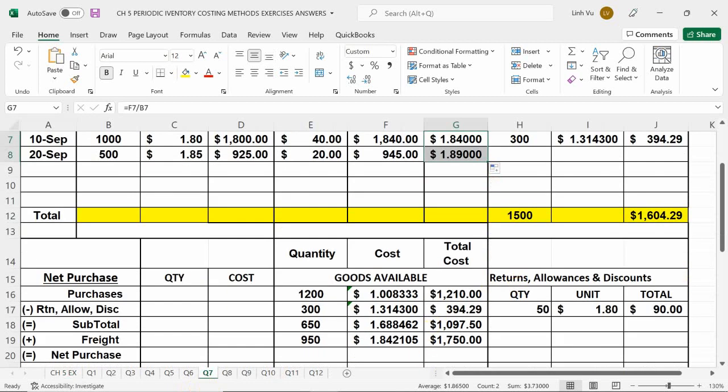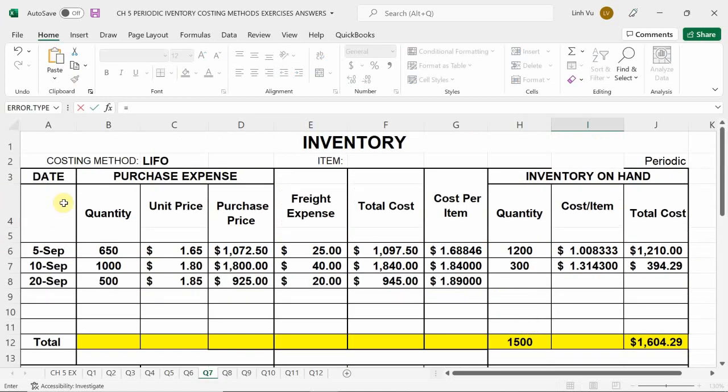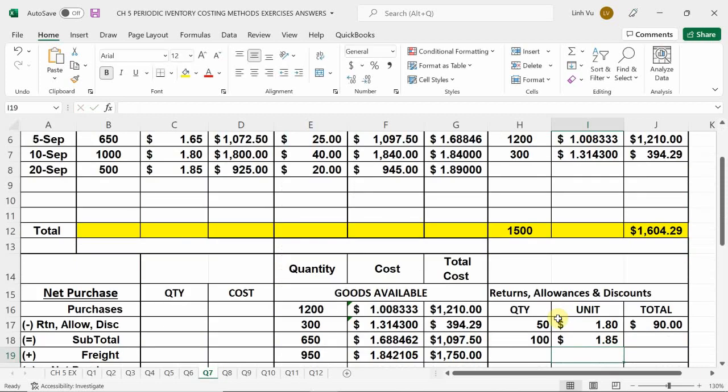So in this case, I need to make a refund for 100. And how much did it cost me per item? 185, good, right? So it's usually going to be the last batch that you purchased, right?